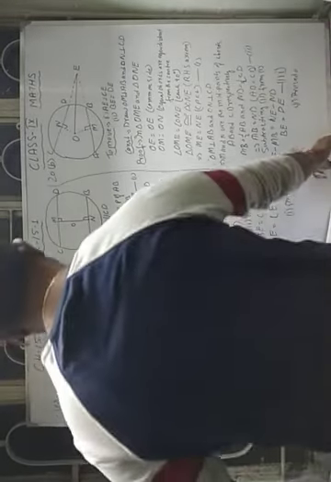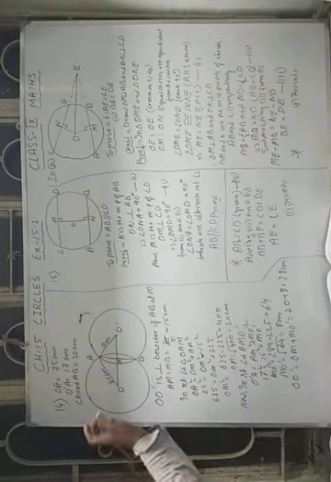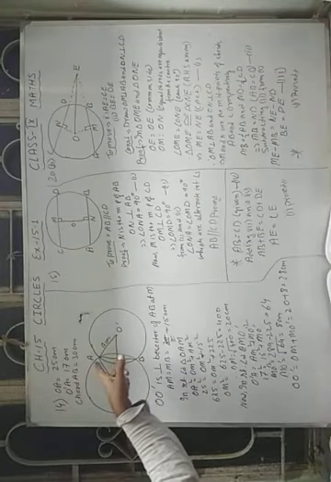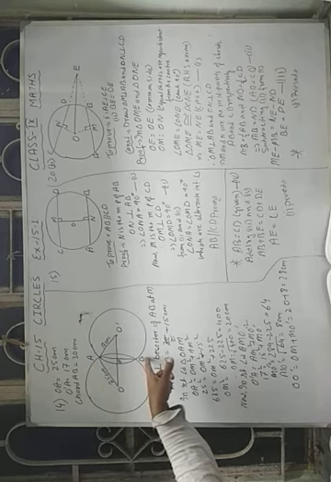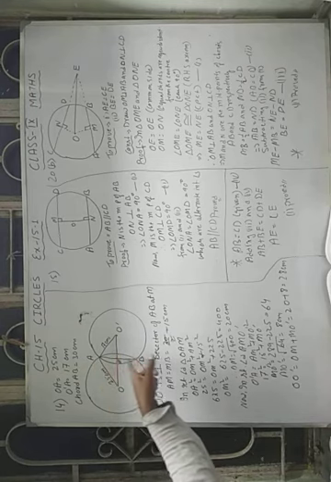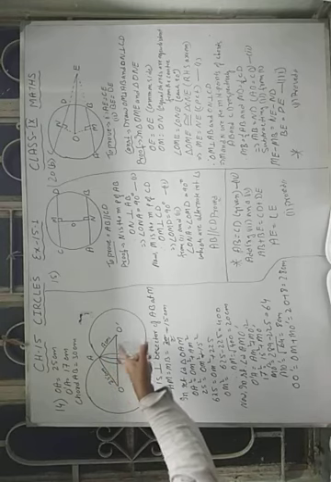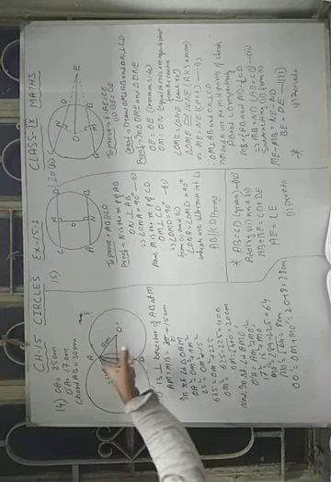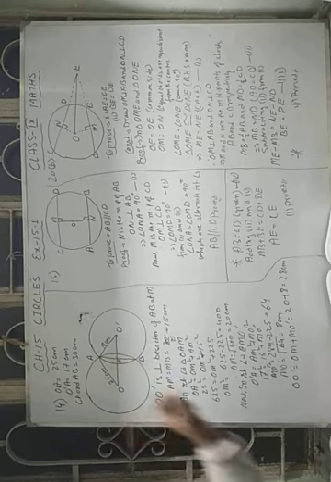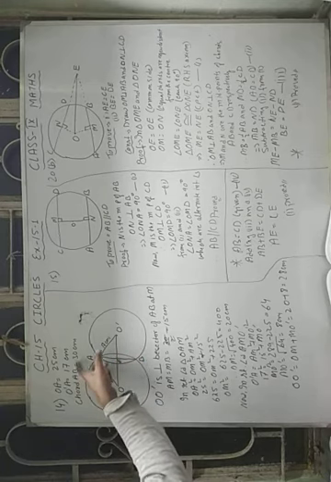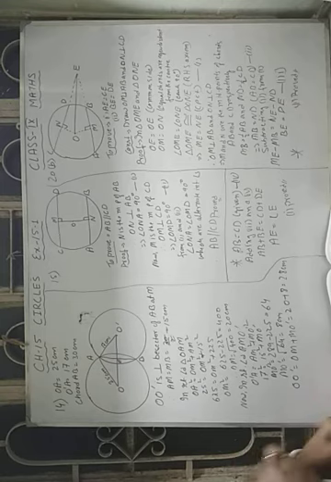There are two intersecting circles. The circles intersect at the points A and B, and the line joining AB is the common chord to both circles, whose length is given as 30 centimeters. So the length of chord AB is 30 centimeters.